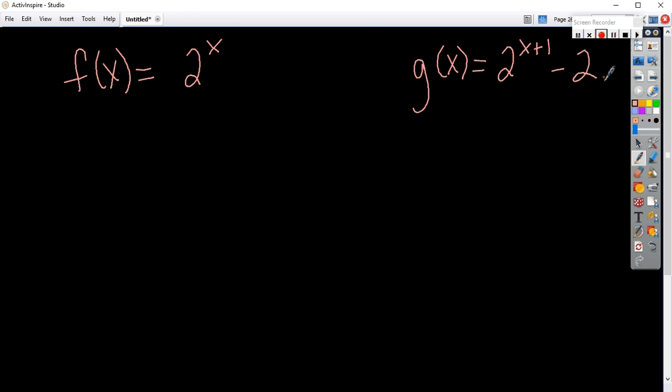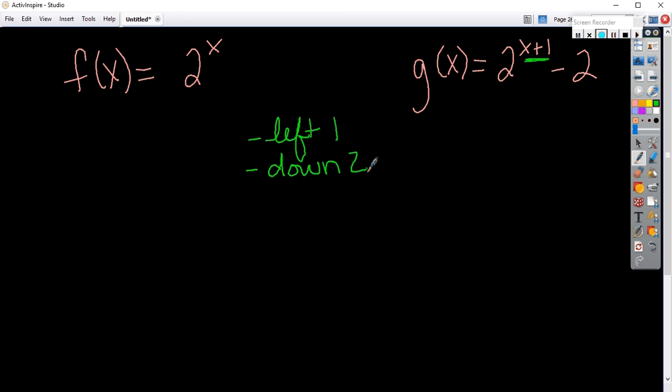How is the second one different than the first one? Tell me what's happened to it. It's gone left 1. Do we all agree? Because when you add that 1 to x, that's shifting it. So it's gone left 1 and it's gone down 2.